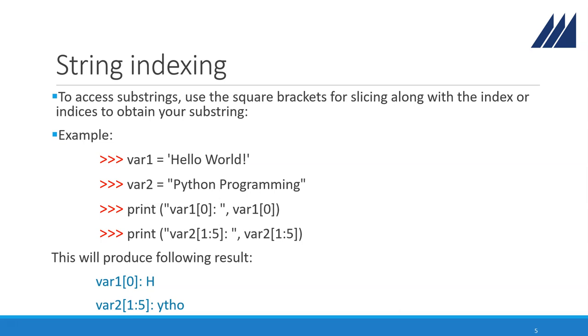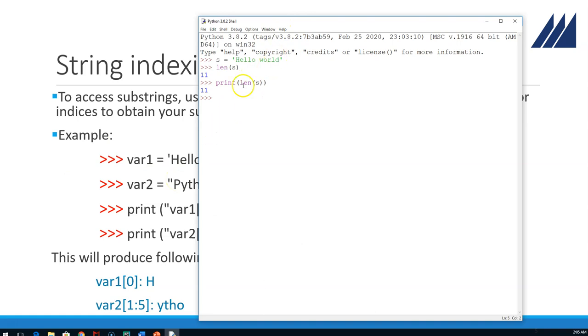As you see from the example, the hello world, if I want to print the first letter, which is H, H is located at index 0. So I have to say the string name, which is S, and between square brackets, index 0. And then it's going to print out to me the first letter, H.